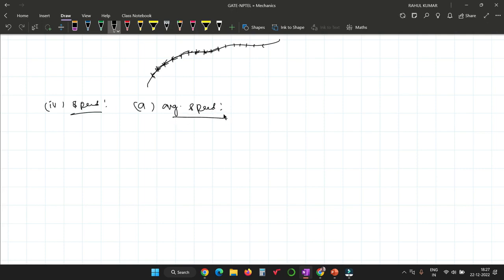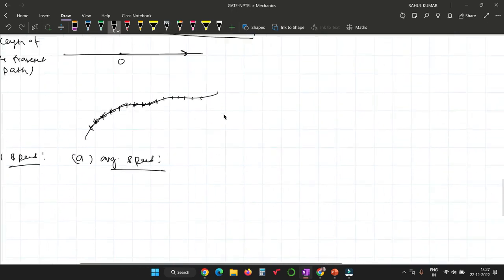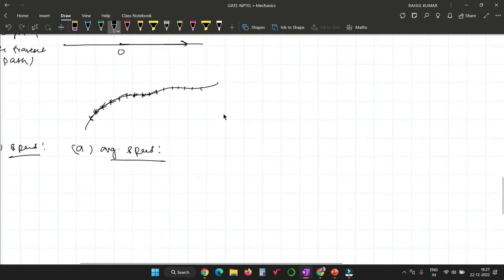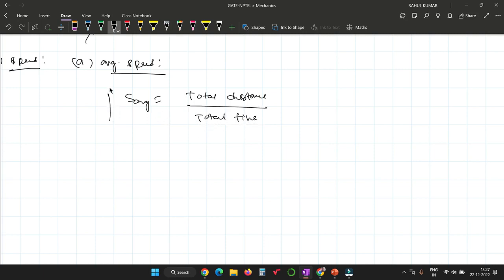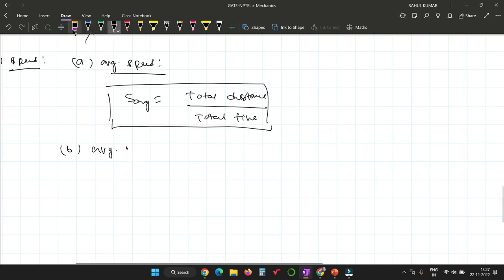But in this case, the definition of average speed is something different from the average velocity. The average speed is nothing but the total distance divided by total time. Okay, so this is the average speed, and now the instantaneous speed.